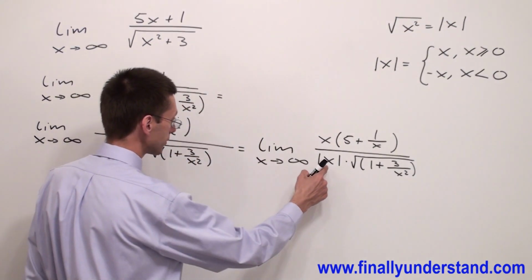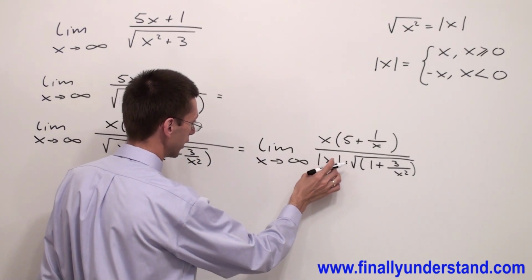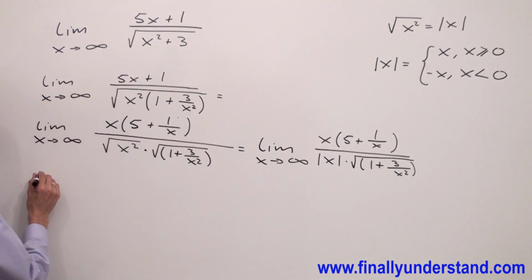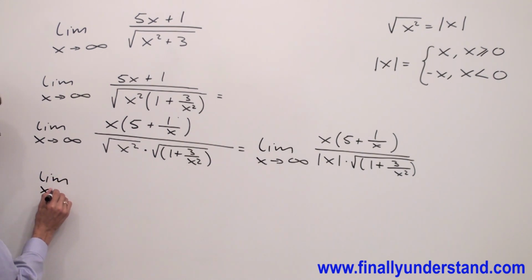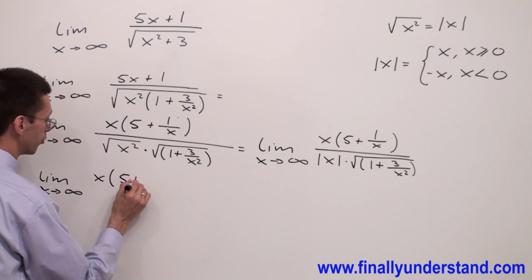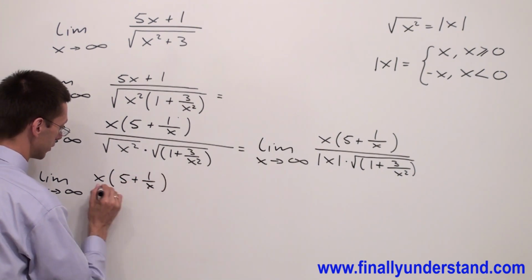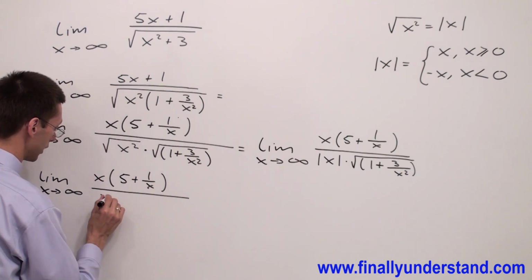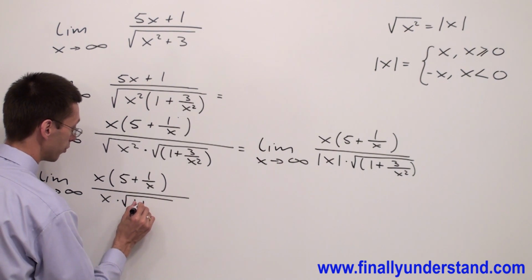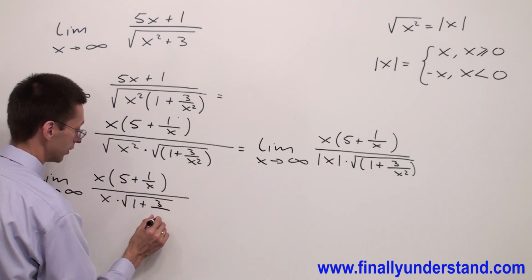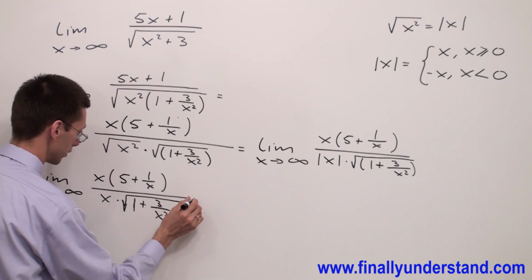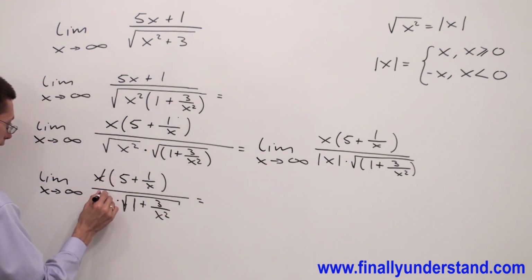That's why instead of absolute value of x, I'm going to write x, and I have limit with x going to infinity, and I have x times (5 plus 1 over x) over x times square root of 1 plus 3 over x squared. X and x will cancel out.